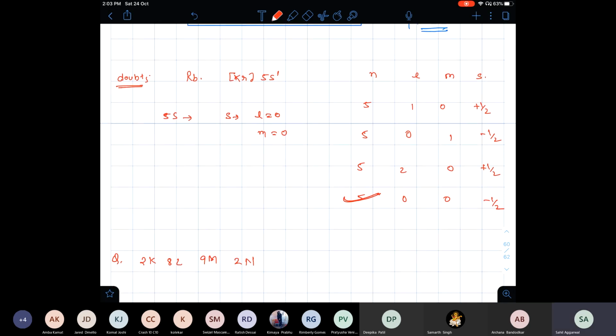Pratyusha, we do not know if there is a competition between plus half and minus half, then we will say it is plus half. Otherwise, it can be plus half also, minus half also. Because this is the best possible answer.